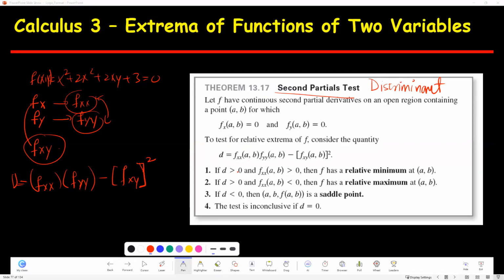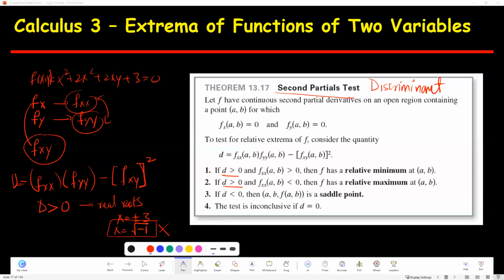If D is bigger than 0, then I'm going to proceed. D is bigger than 0 if you have real roots. Real roots means, for example, x equals plus or minus 3. That is real. If x equals minus 1, that's an imaginary number, so I cannot proceed.